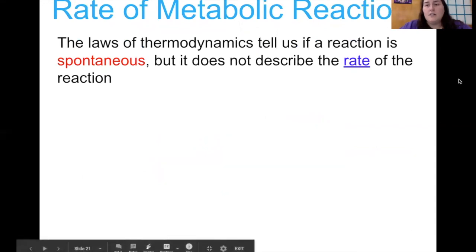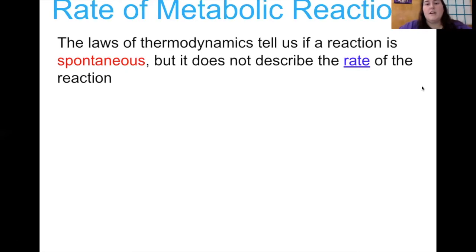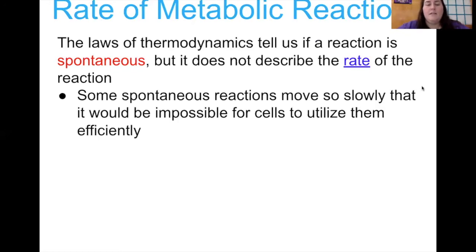We're going to talk a little bit about the rate of these reactions occurring. We talked about the laws of thermodynamics, and they just tell us whether a reaction is spontaneous or not. But they don't describe how fast these reactions occur, or their rate.